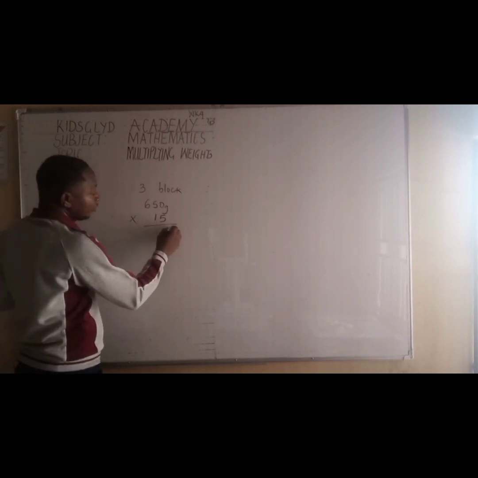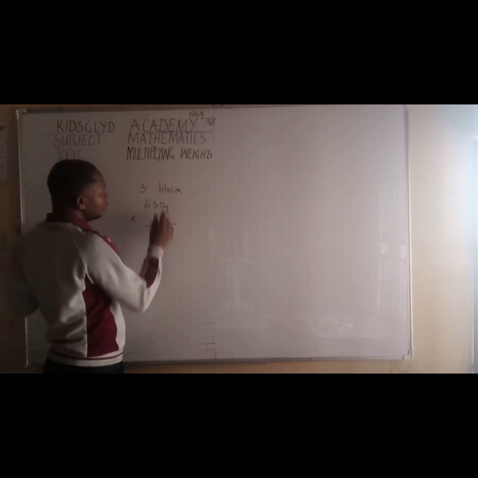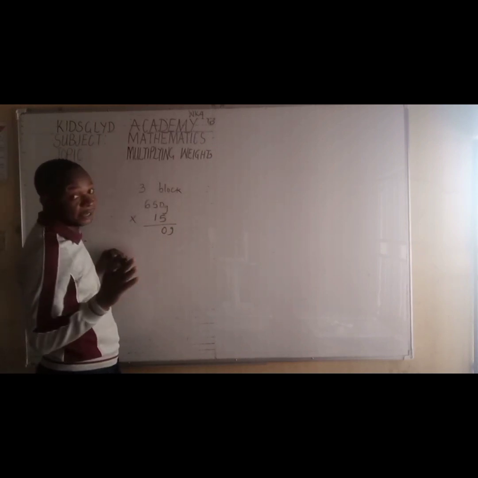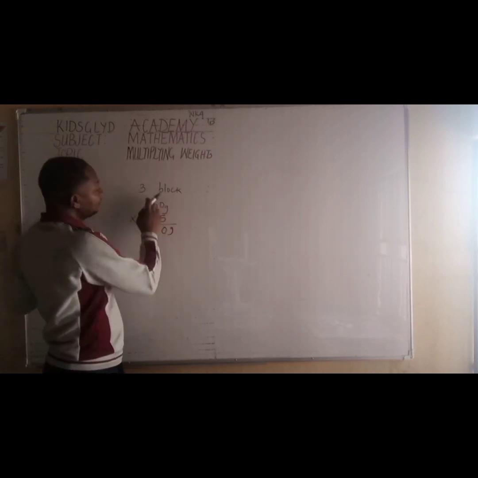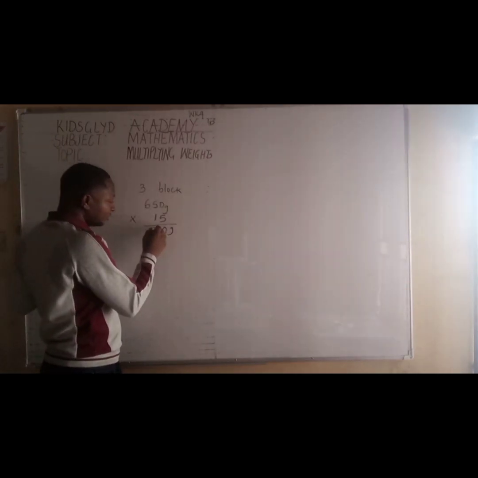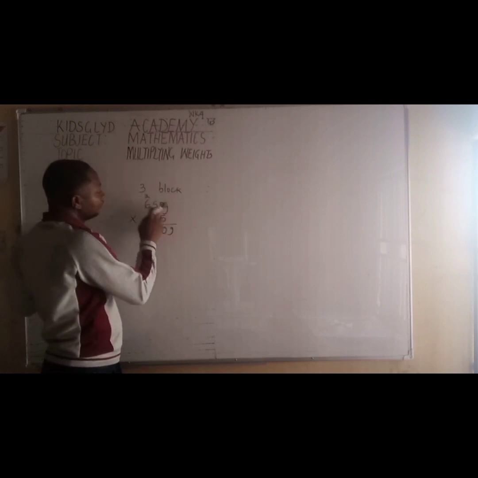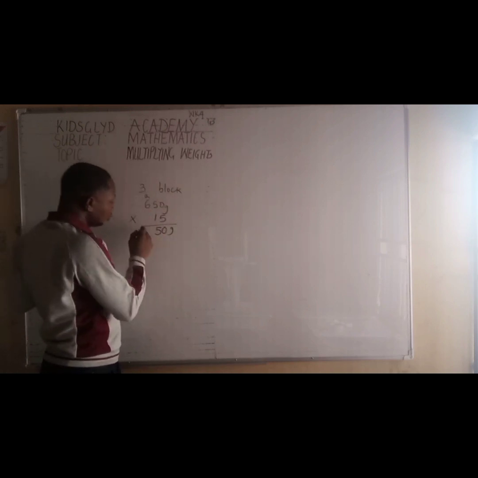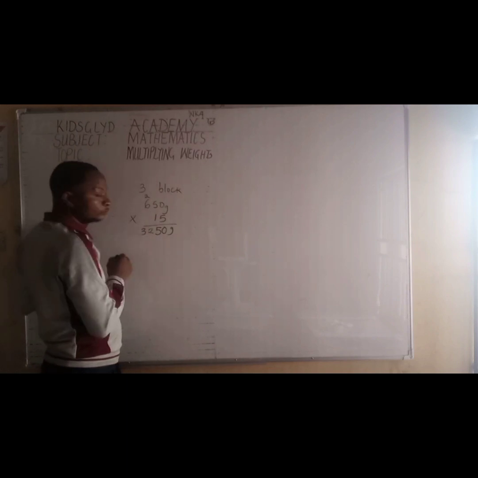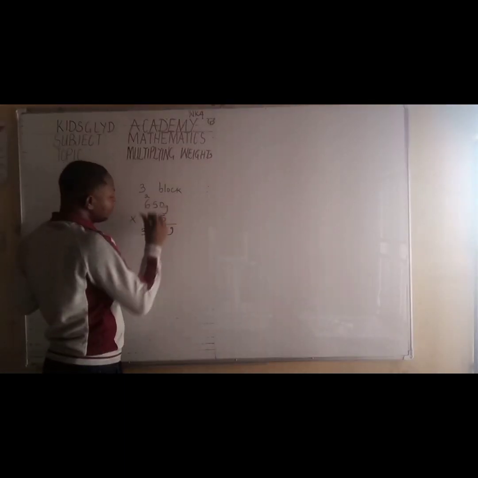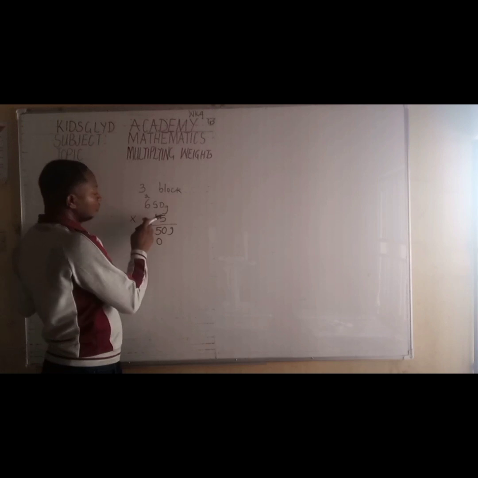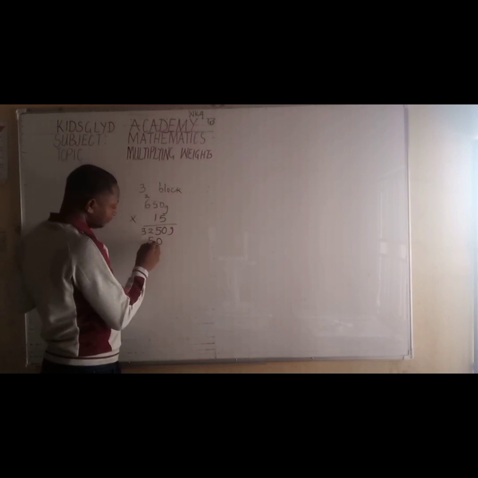You bring down your grams. 5 times 0 is 0. 5 times 5 is 25. You write the 5 and bring the 2 up. 5 times 6 is 30 plus 2, 32. You take that again. 1 times 0 is 0. 1 times 5 is 5. 1 times 6 is 6.